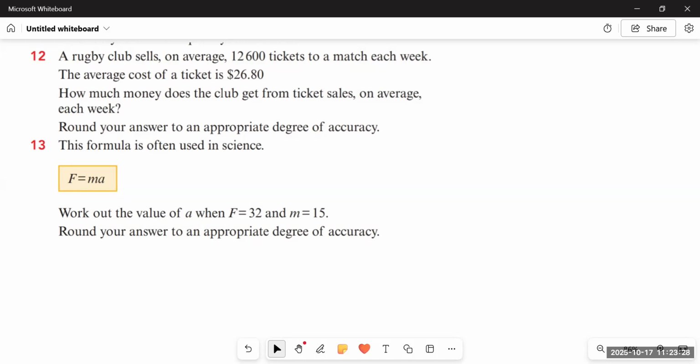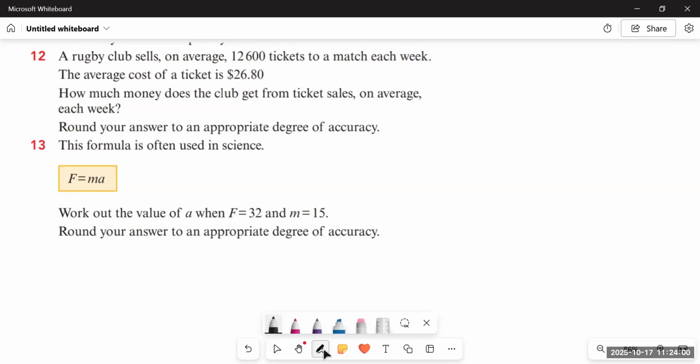Here in this question, it says a rugby club sells on average 12,600 tickets to a match each week. Average tells us that if a quantity is evenly divided over a certain number of amounts, what would be the amount assigned to each of the quantities? Since we are provided with the average cost of a ticket and the average number of tickets, we can calculate the total amount that is received from the tickets.